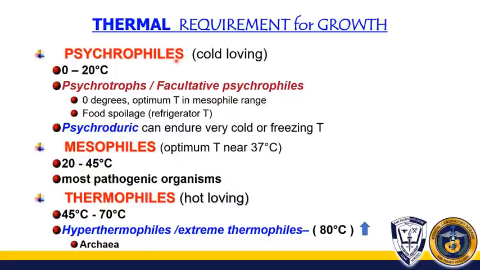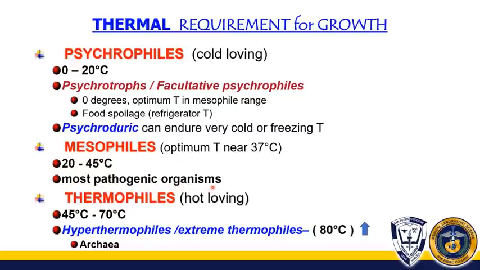On the other hand, organisms with an optimum temperature near 37 degrees, or the body temperature of warm-blooded animals, are called the mesophiles. So most pathogenic organisms belong to this category.